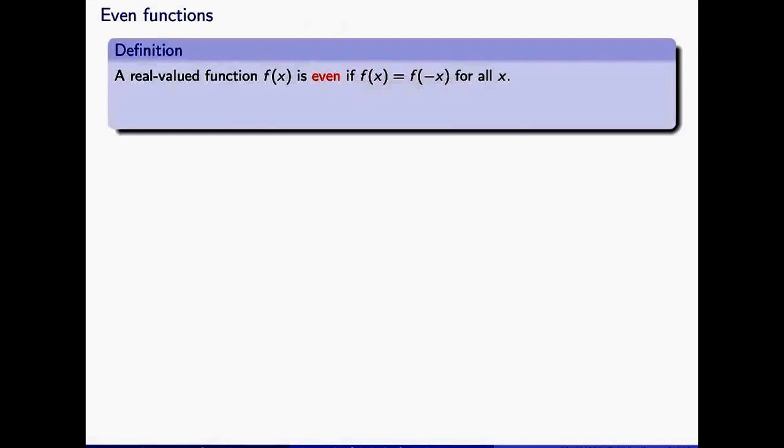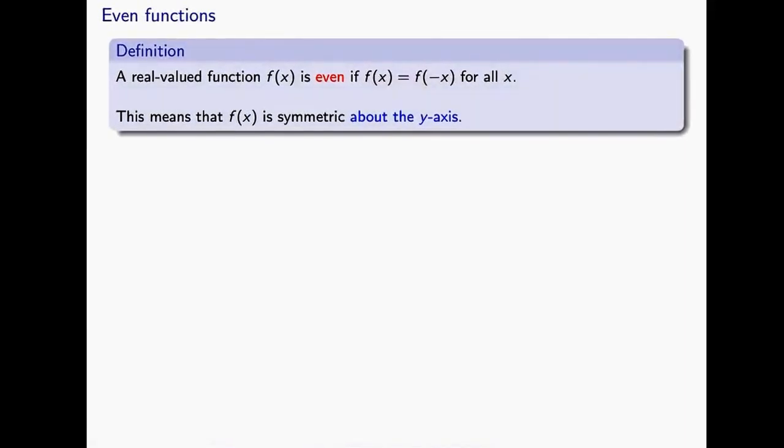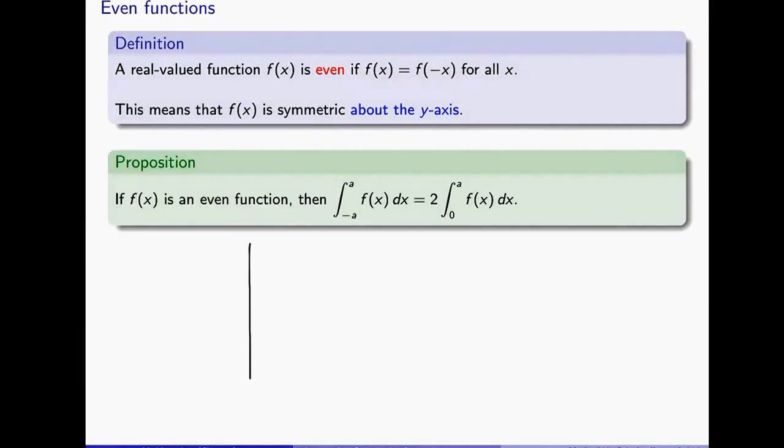So if we have a function that's symmetric about the y-axis, it's easy to see that if f is even, then the integral over a symmetric interval is just twice the integral over the one-sided interval from 0.